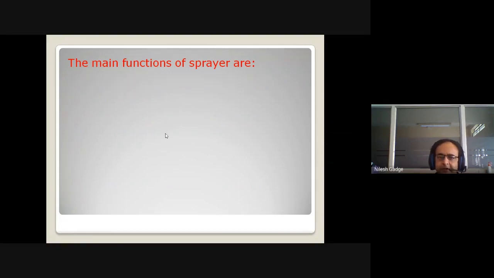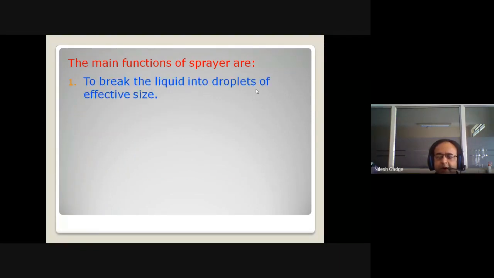So the main function of sprayers is to break the liquid into smaller droplets in the form of spray. The size can be measured in micrometers, or microns. To break the liquid into droplets of effective size is the first function of the sprayer.